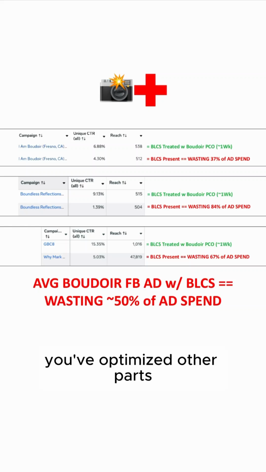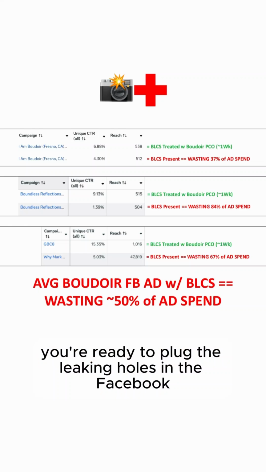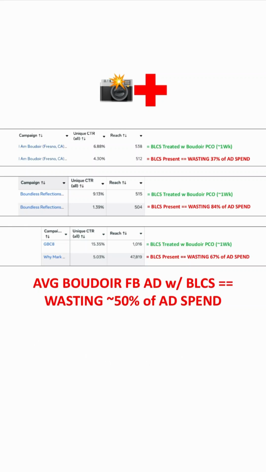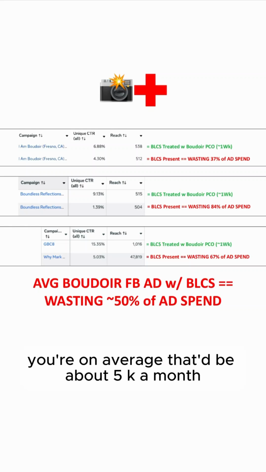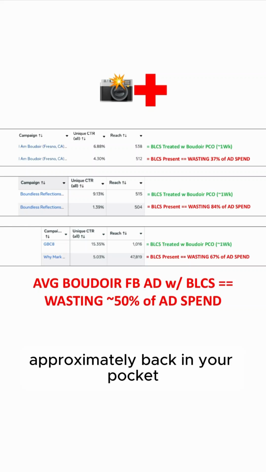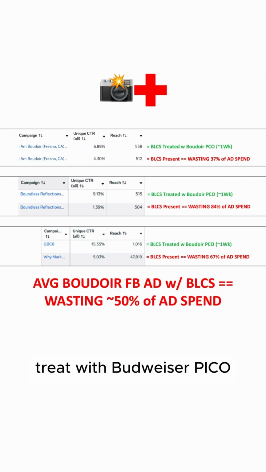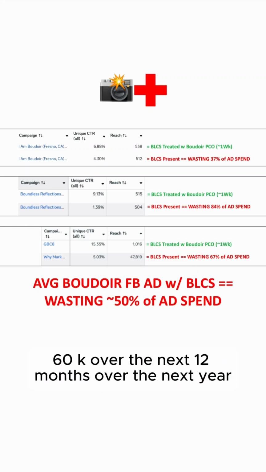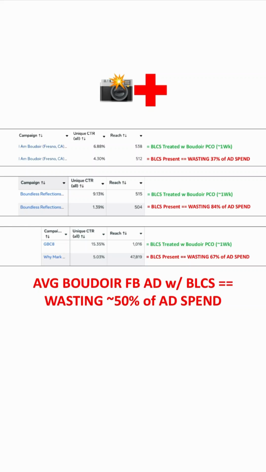You've optimized other parts. Now you're ready to plug the leaking holes in the Facebook ad strategy, because that's easy, just eliminate the waste. And you actually want to keep more money in your pocket. On average, that'd be about 5K a month, approximately, back in your pocket. Treat with Boudoir Pico, and approximately 60K over the next 12 months, over the next year.